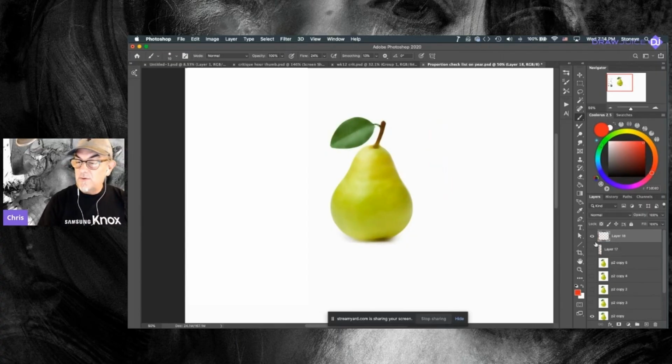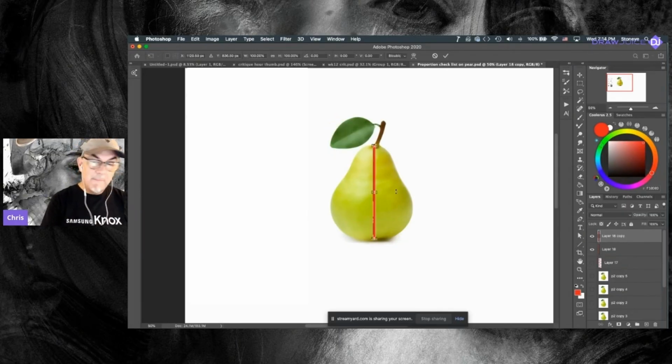Another way is to, let's say we take the height of the body of the pear, and now we need to find the width. What are we going to do? Well, I'm going to take that, rotate it, and then take a comparative measurement from the height of that pear to the width of the pear, say at the widest part.